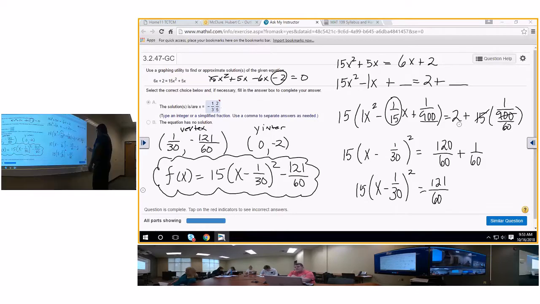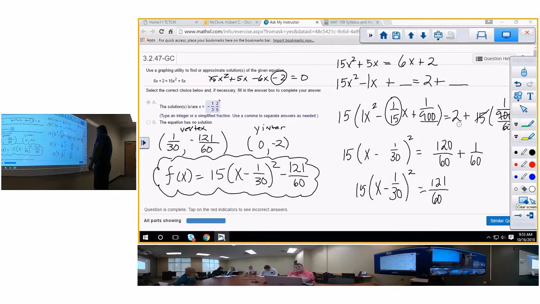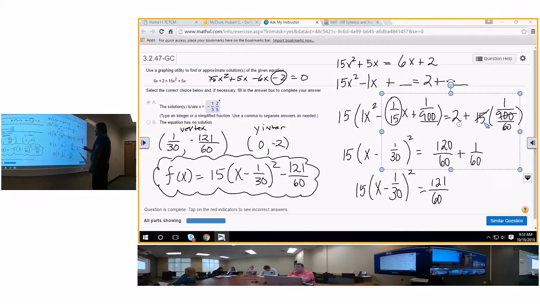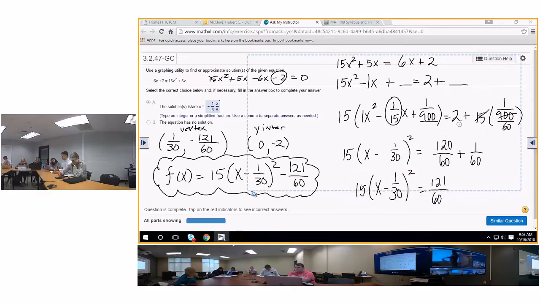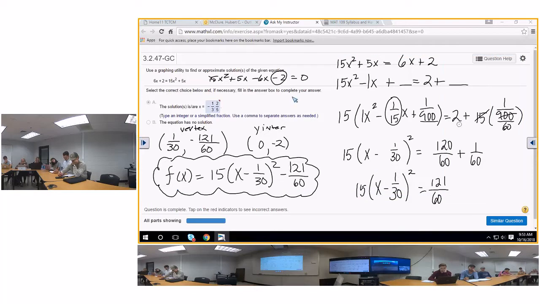So now, I'm going to take my handy-dandy eraser. Well, I don't want to do that, so let's see if I can do this. No. Hold on a second, y'all.